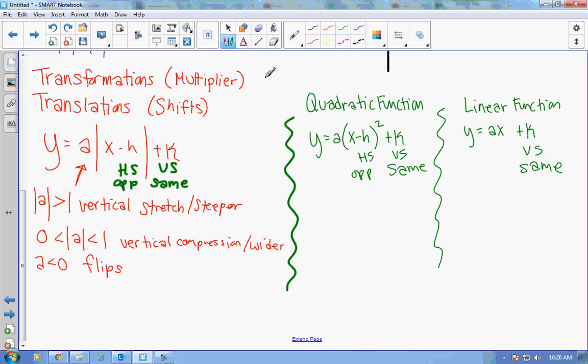Does the red equation look the same as the green equation under the quadratic? Everything's in the same spot except we have parentheses or absolute value bars, and the quadratic has a square, but aren't the A's, H's, and K's in the same spots? Yeah. So I should be able to give you any function I want, and you should be able to tell me what is going to happen to the graph.